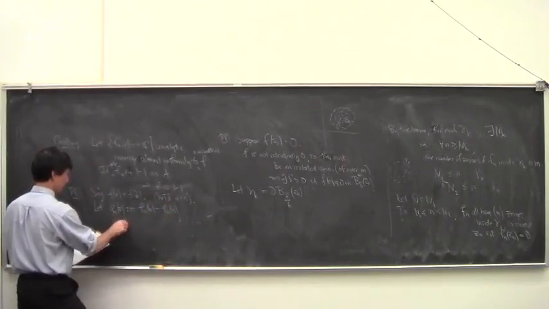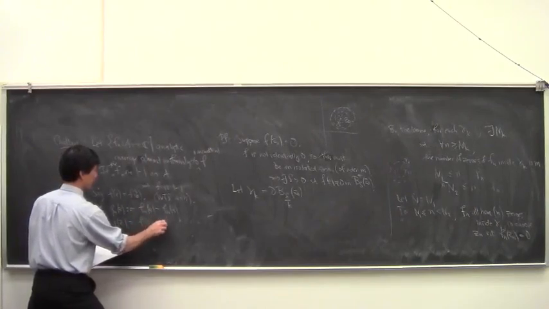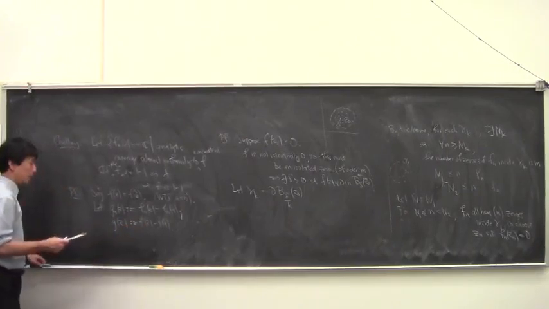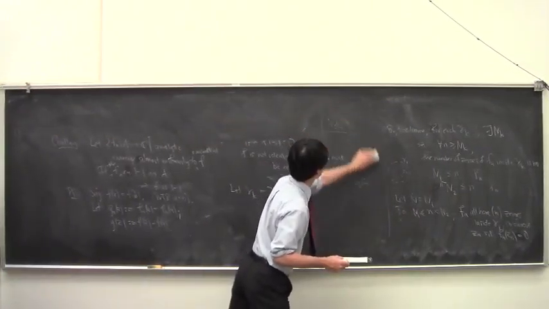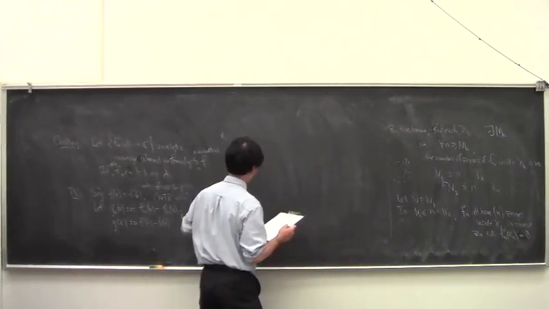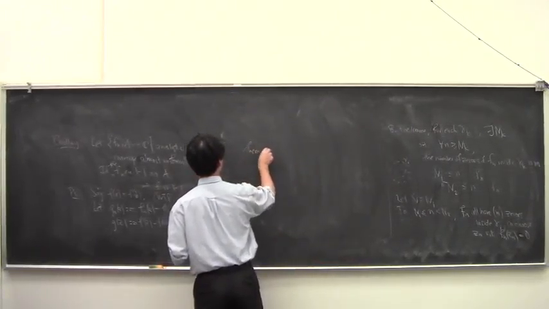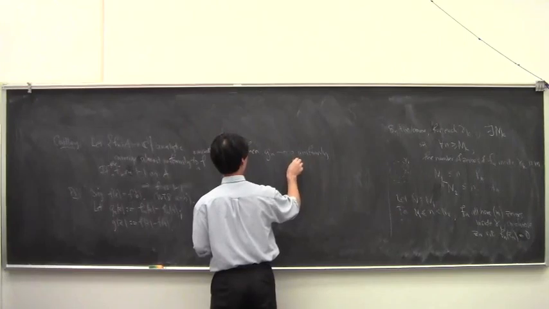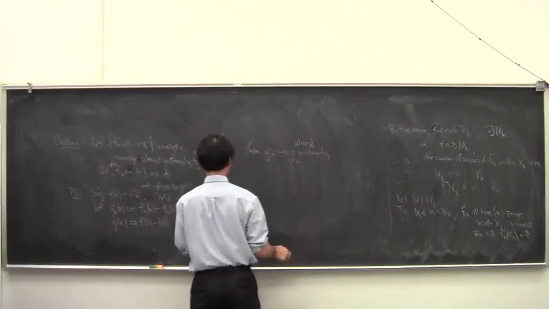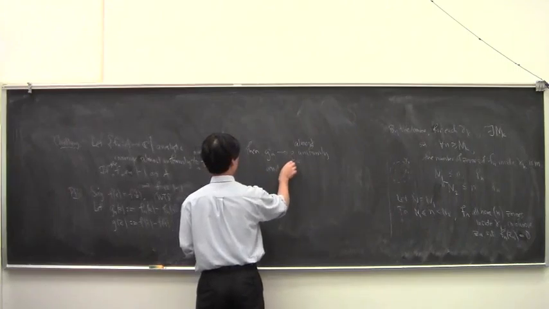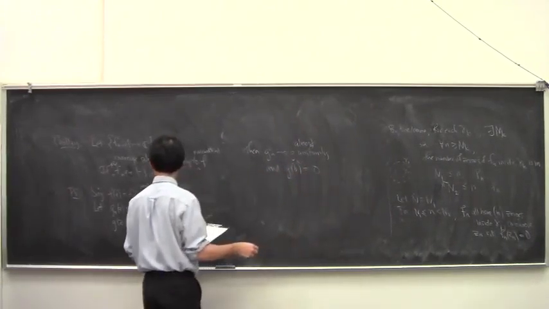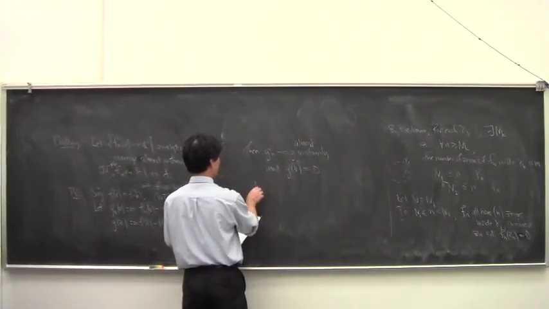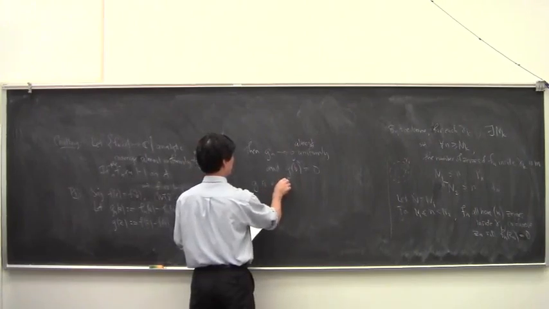Let G of z be f of z minus f of a. Then G sub n goes to G uniformly, or almost uniformly, and G of b is equal to 0. G is not identically 0.